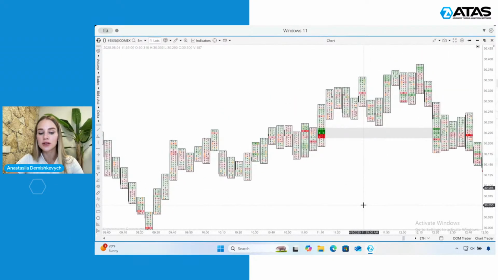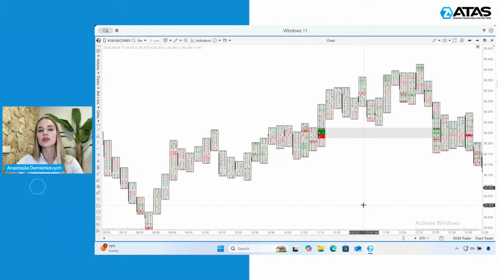You can also use it simply, for example, to get introduced to these tools and see what smart tape, depth of market, and footprint charts are capable of, and if they are combinable with the trading system that you are already using. In our next webinar, we're going to dive deeper into the footprint charts, as well as strategies involving bid and ask imbalances. I'm going to talk about imbalances and cluster analysis in depth.